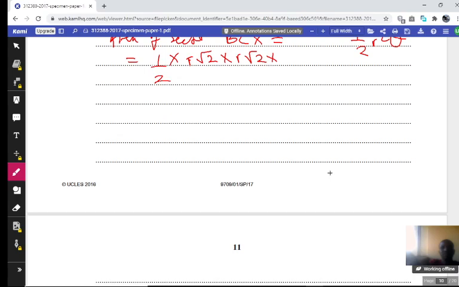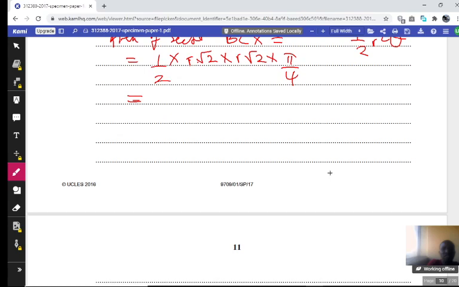If you simplify it, root 2 times root 2 is 2. So that 2 will cancel the 2 down here. So you'll be left with pi r squared over 4. So that's the area of the sector BCX, right?